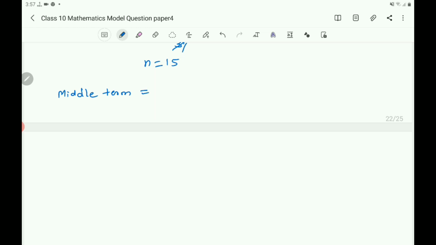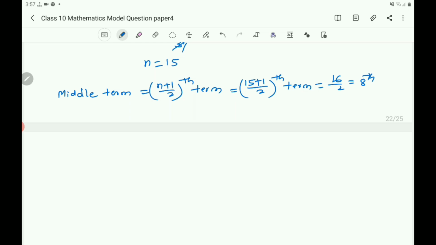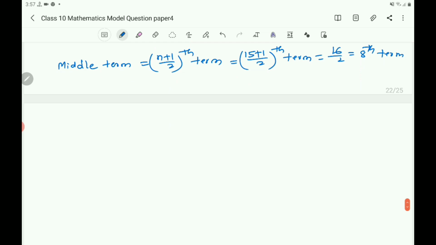As n equals 15 and it is odd, you can write the middle term is the (n plus 1) by 2 th term, that is 15 plus 1 by 2, that is 16 by 2, means the 8th term. The 8th term becomes the middle term.